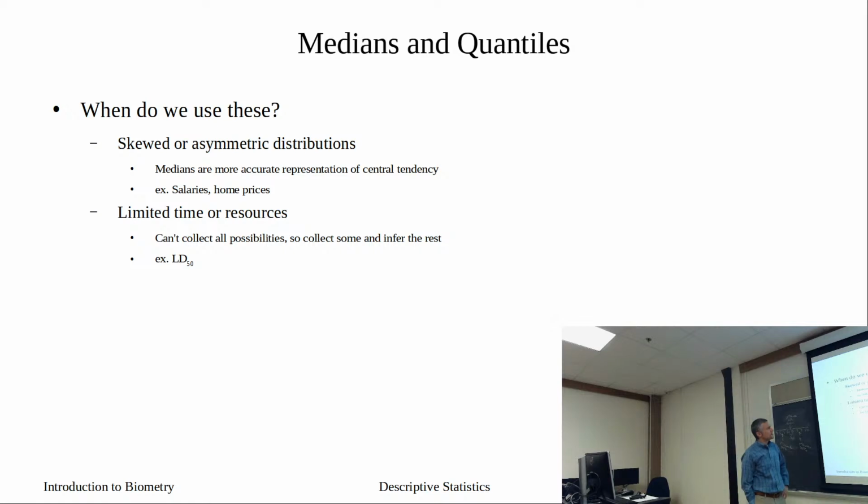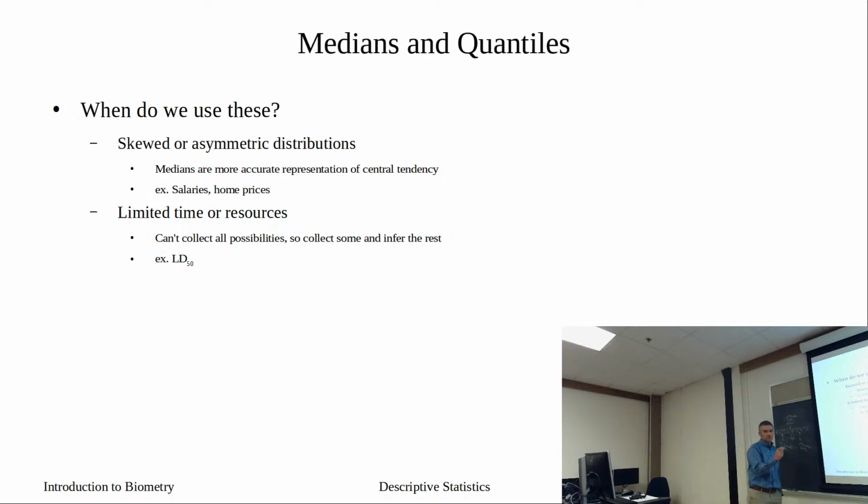The other time we can use medians and quartiles is when we have limited time or resources. And this is a special case. What we're interested in maybe is environmental contaminants and their effect on organisms. There's this thing called the LD50. It's the lethal dose that kills 50% of our organisms. In order to calculate it, we don't actually do every single dose. Dosage is on a continuous scale. You can't possibly do every single possible dose to get that exact dose where 50% of our individuals die.